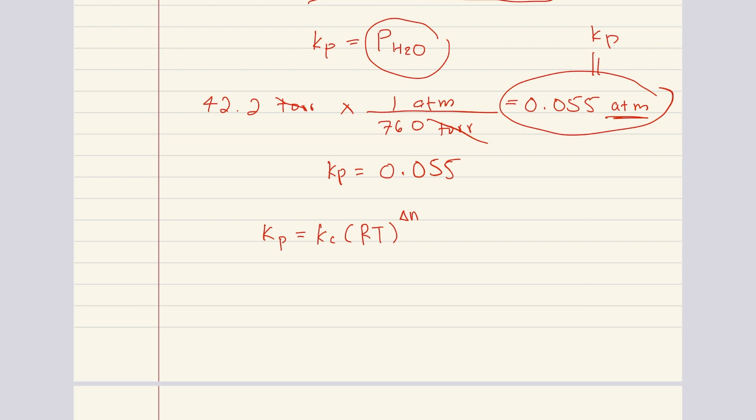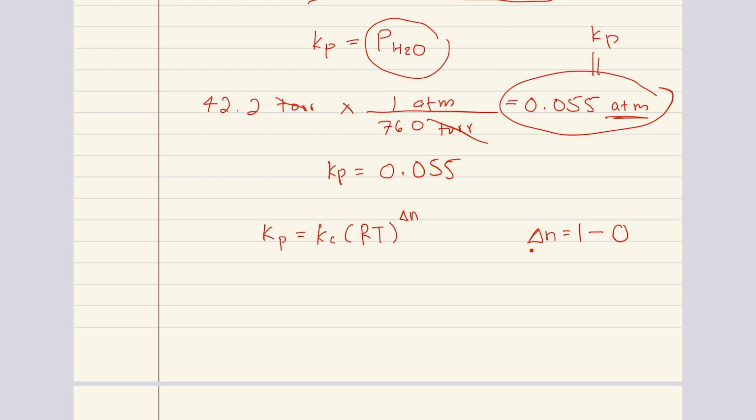So our change in the number of moles of gas is going to be the number of moles of gas you have on the product side, which is 1, minus the number of moles of gas you have on the reactant side, which is 0, because all we have on the reactant side is liquid water. We do not include liquids. So delta N is equal to 1.